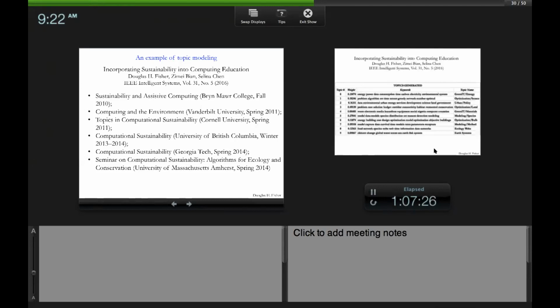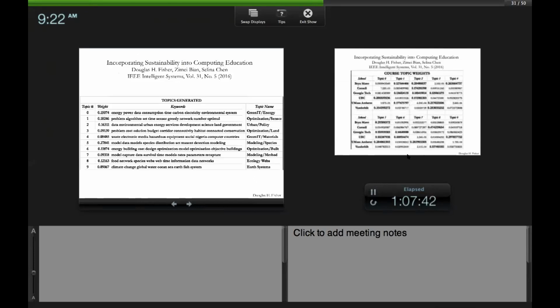And it would identify these topics. And if you asked it to, it could drill down. It could identify various kinds of psychology, various kinds of chemistry, various kinds of biology.